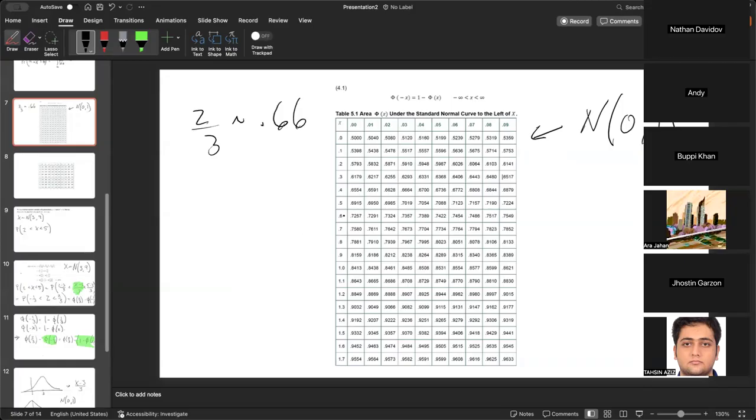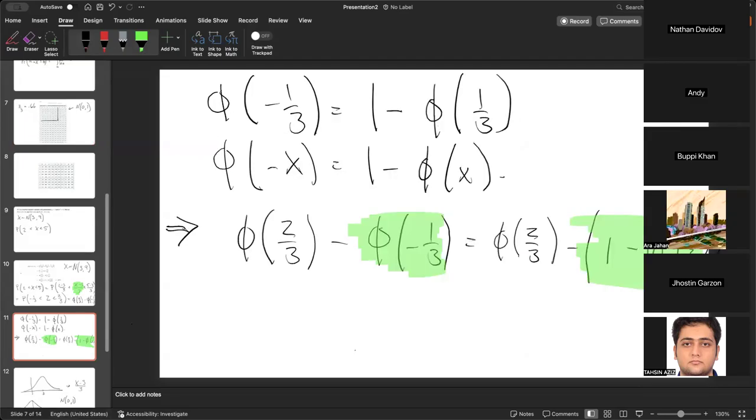So this is 0.6, and this is 0.6, so that's going to be 0.7454 minus 1 minus phi of 1/3.